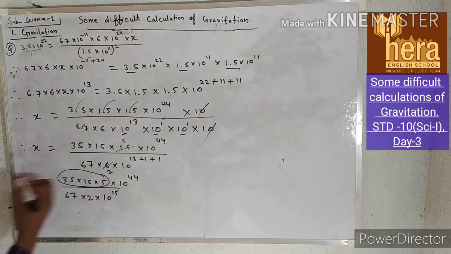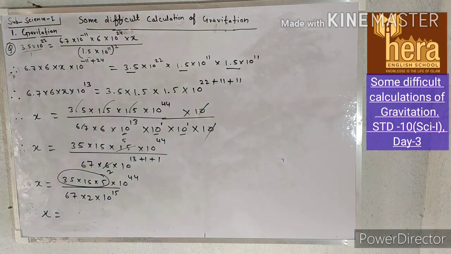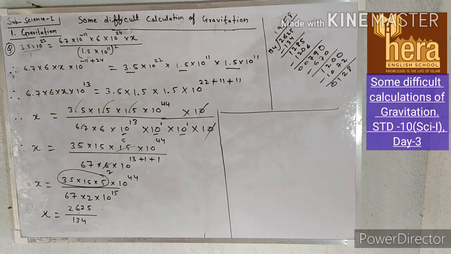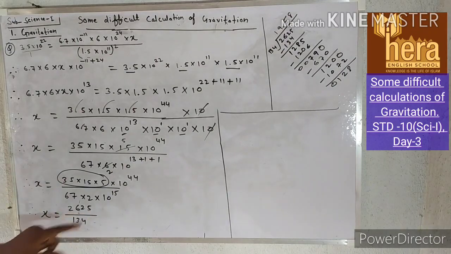Now you have to multiply this number. Therefore, x will be equal to 2625 upon 134.